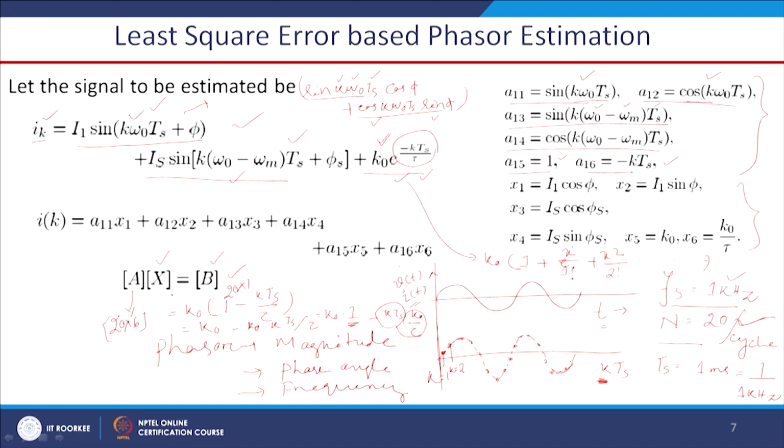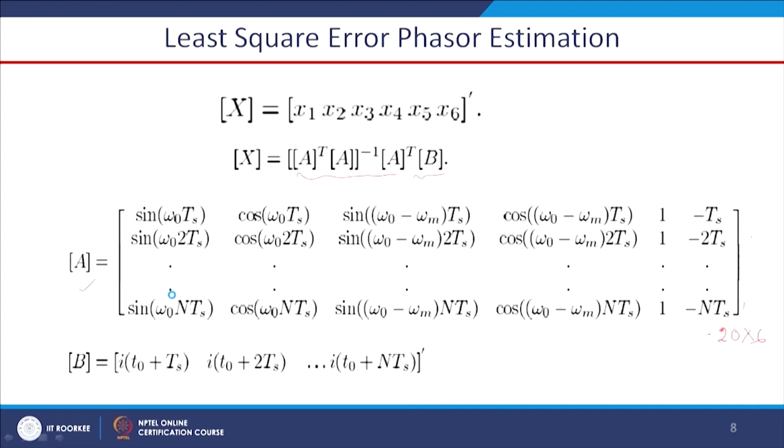And what will the X matrix size be? If you see here, it will be 20 cross 6 into 6. We have to take the transpose, of course. This is how the A matrix stands, 20 cross 6, and for the B matrix, this dot symbol stands for transpose, in the matrix calculation of the MATLAB program.